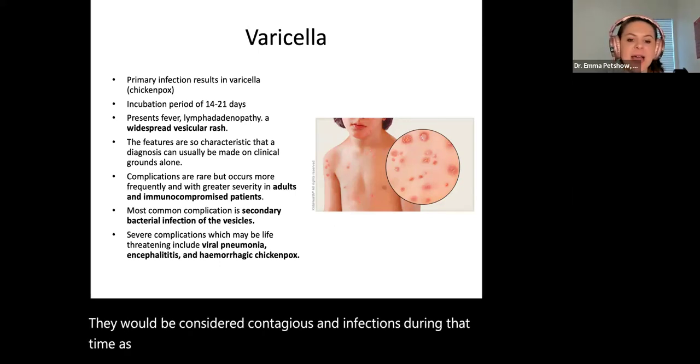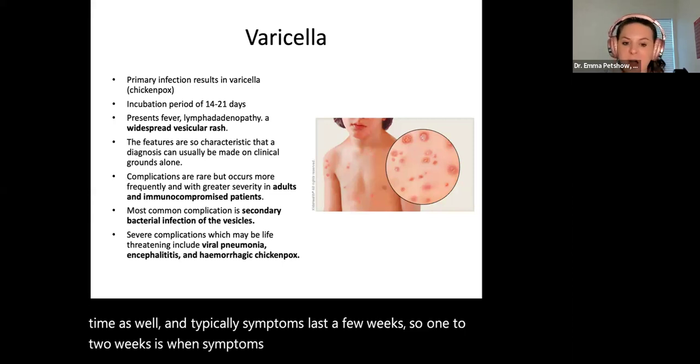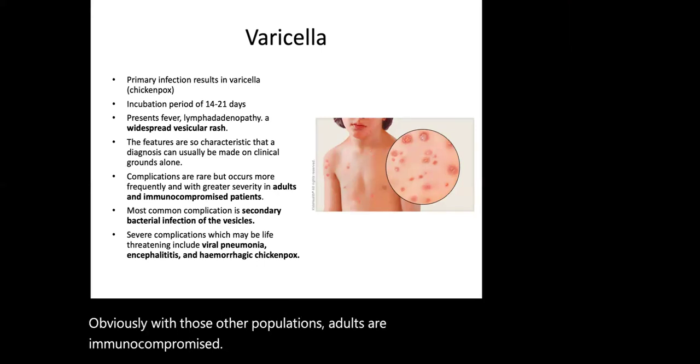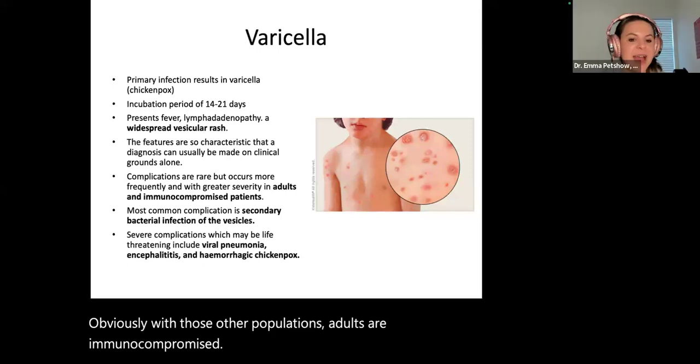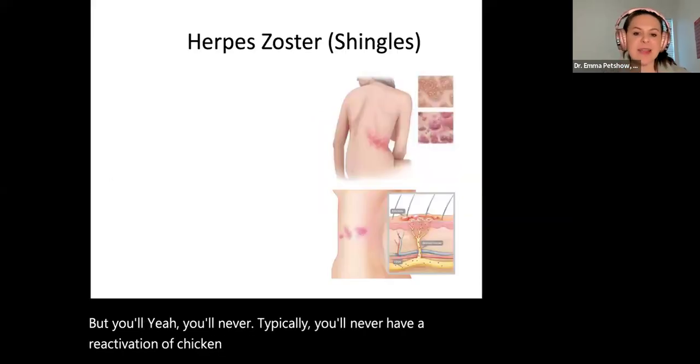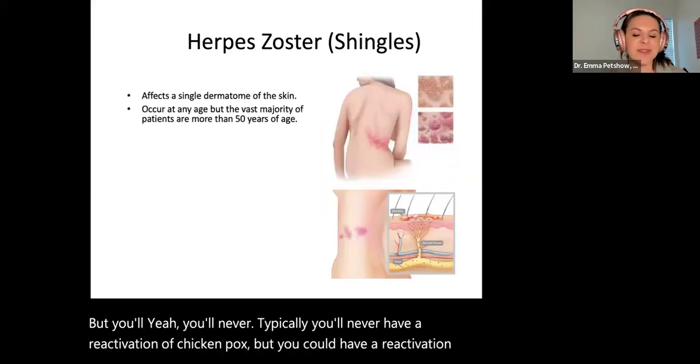And typically symptoms last a few weeks. So 1 to 2 weeks is what symptoms last, but they could last longer, obviously with those other populations, adults, the immunocompromised. Okay. And then you could have future reactivations later on in life at any point. But you'll never have a reactivation of chickenpox, but you could have a reactivation of shingles.